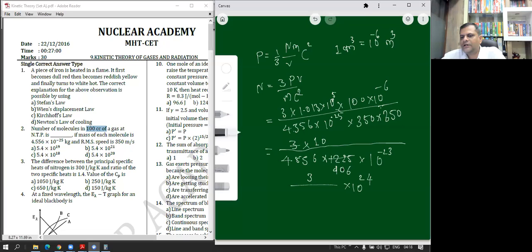So almost 400 it became, right? So it's 400. Here it is 4.556 multiplied by 400.